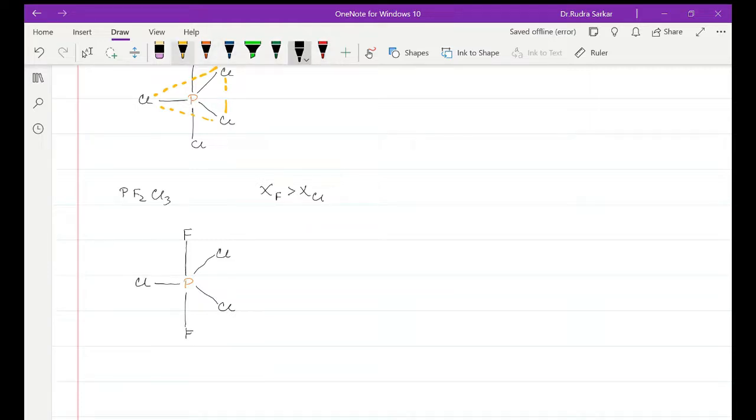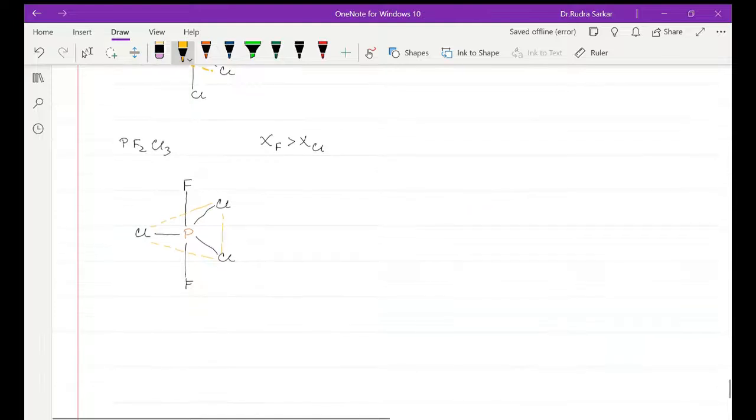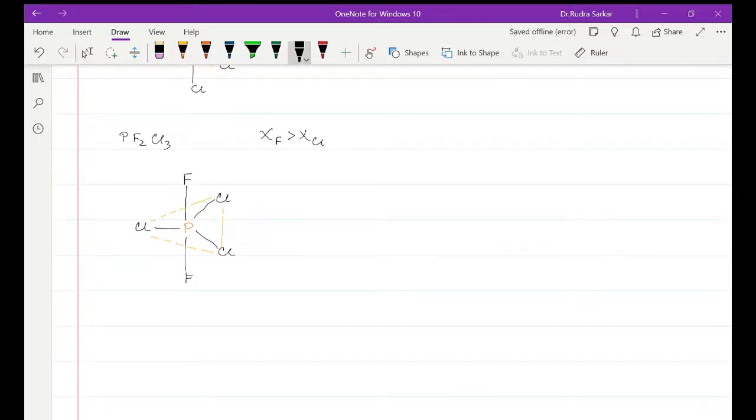If we think this is the equatorial plane, one should remember the more the angle, the more the s character.